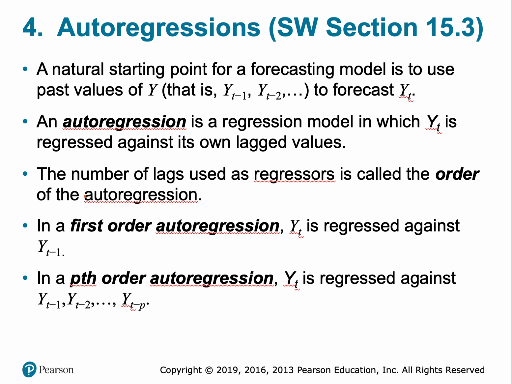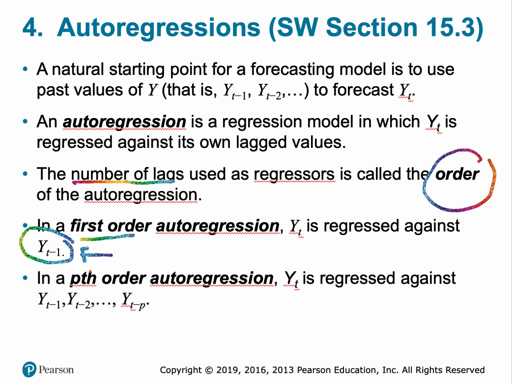The number of lags, the number of past values used as regressors, is called the order of the regression. So the number of lags is the order of the regression, okay? In a first order autoregression, yt is regressed just against the first lag, that's yt minus 1.